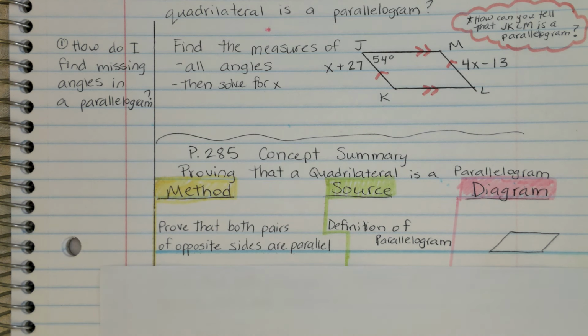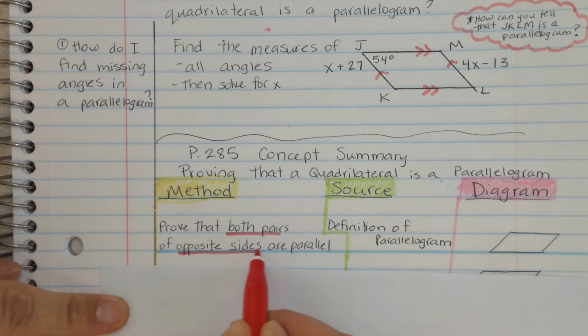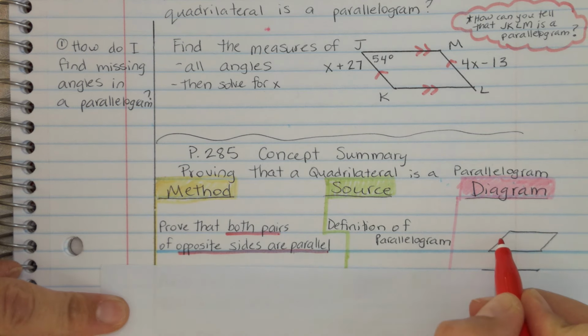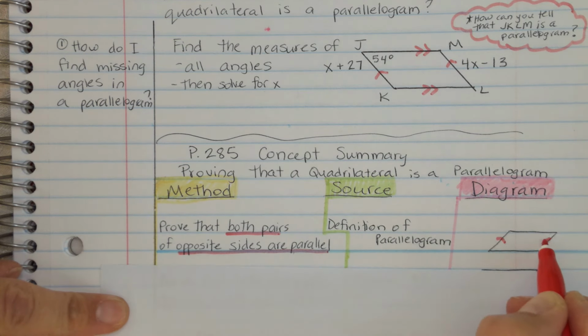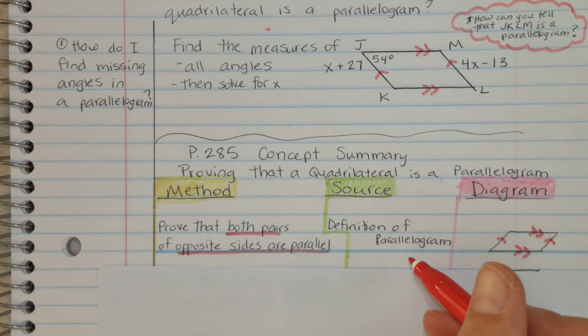It might be given, you might see it, you might be able to prove it. If both pairs of opposite sides are parallel, it would look like this: the left and right sides parallel, and the top and bottom parallel, with little arrow markings showing that they're parallel. Again, this is just based off the definition of a parallelogram.